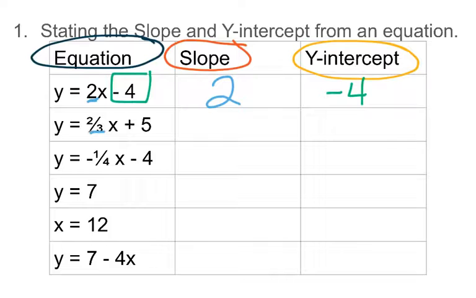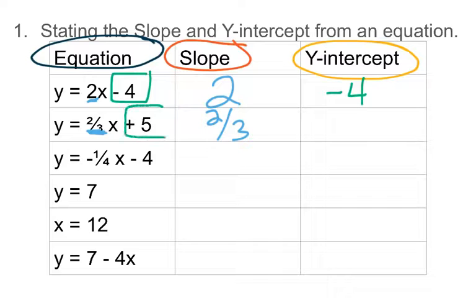Now in front of the x this time is 2/3. So in the second problem, y equals 2/3 x plus 5, the slope, or how steep the line is, is 2/3. Remember that means rise over run, or change in y over change in x. Rise 2, run 3.